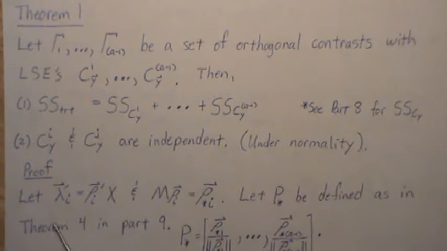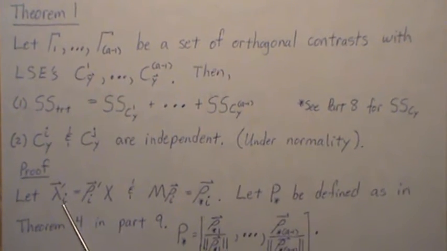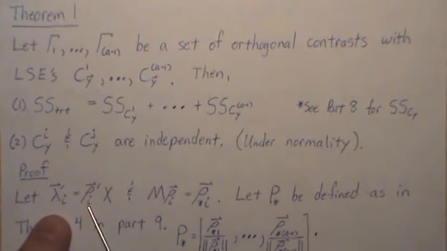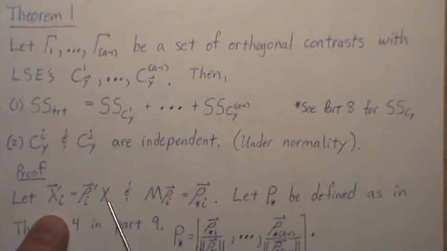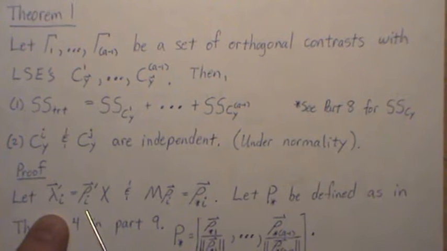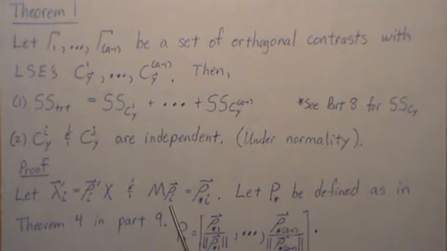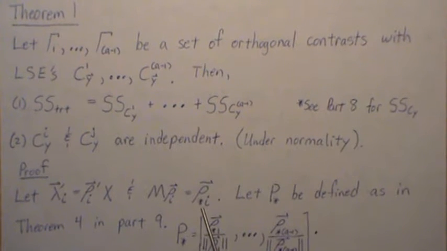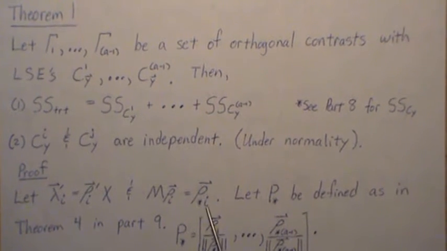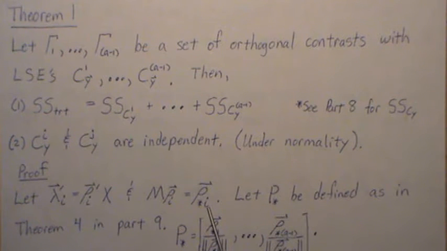So let's prove this. Lambda i must be a part of the row space, so it can be represented like this for some row i. And that means that M rho i has a very specific form, and it's rho star i, and we introduced that in parts 7, 8, and 9.